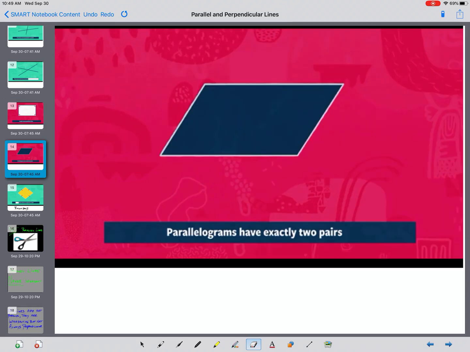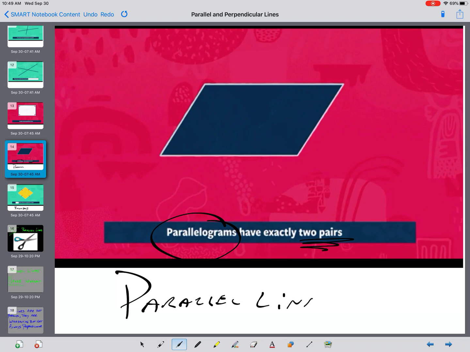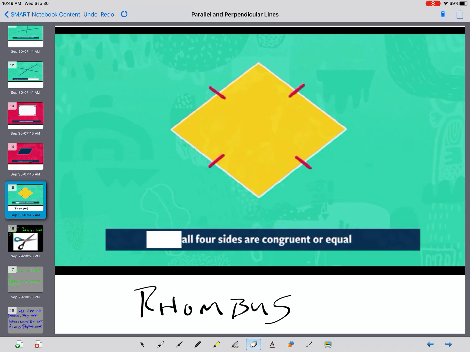You're going to need to know that parallelograms have exactly two pairs of parallel lines. Okay. You're also going to need to know that a rhombus has four sides that are congruent, otherwise known as equal.